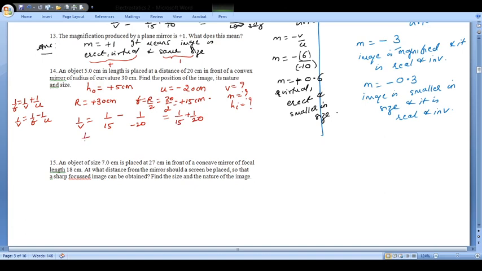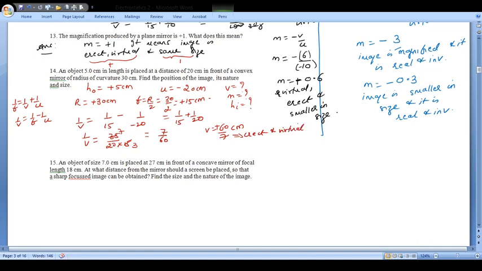If you solve this, 1 upon v is equal to 20 plus 15, 35 upon 20 into 15. 5 sevens are 35, so this is 7 upon 60. So v is equal to 60 upon 7 centimeters. And this is plus. So it is formed on the other side of the mirror, which implies it is erect and virtual.